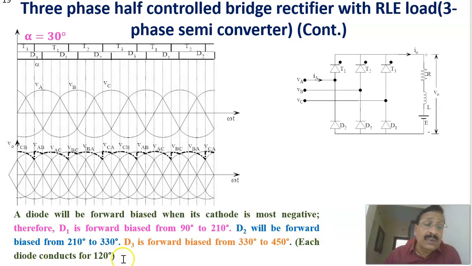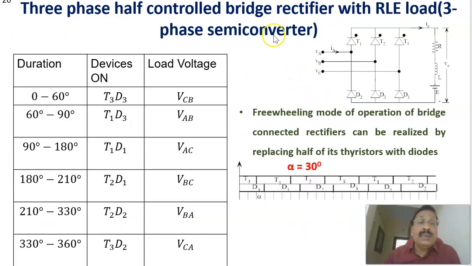Each diode conducts for 120 degrees. Based on that, you can find which devices are connected at each instant. As explained in the previous slide, this is the topology of the circuit, with the thyristors here and the diodes here.